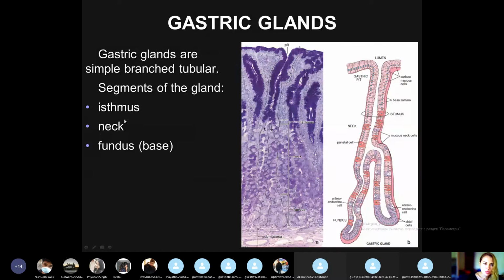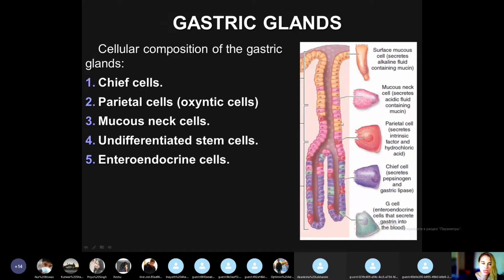So now we're going to focus on the structure of the gastric glands in detail. Each gland has three segments: the short isthmus, the neck part, and the base or fundus. Now we need to focus on the cellular composition of the gastric glands.